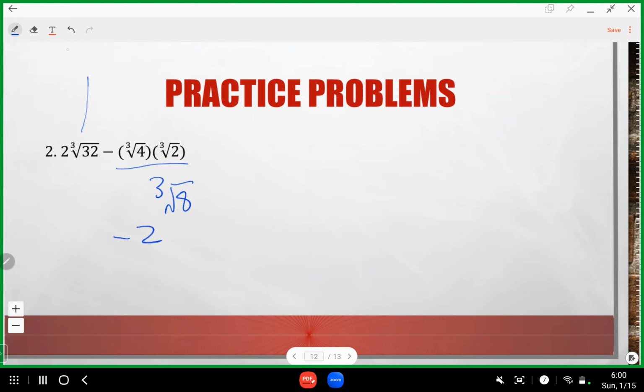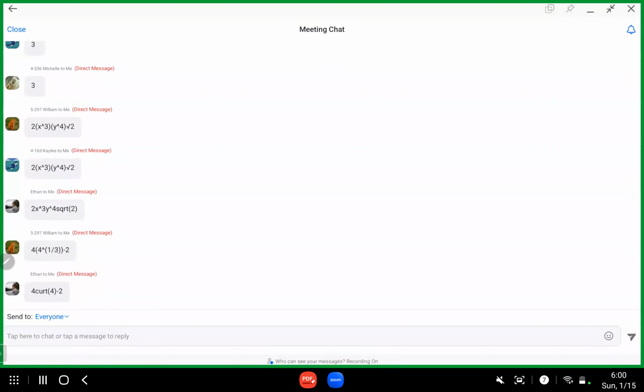Well, the cube root of 32 is just going to be equal to the cube root of 8 and the cube root of 4, right? So then this is equal to 2 times 2, 4 times this cube root of 4 minus 2, like that, okay?